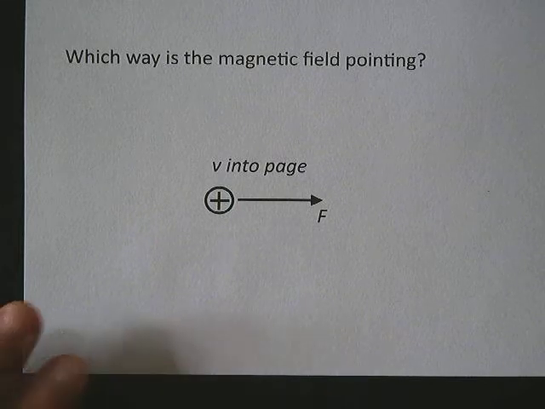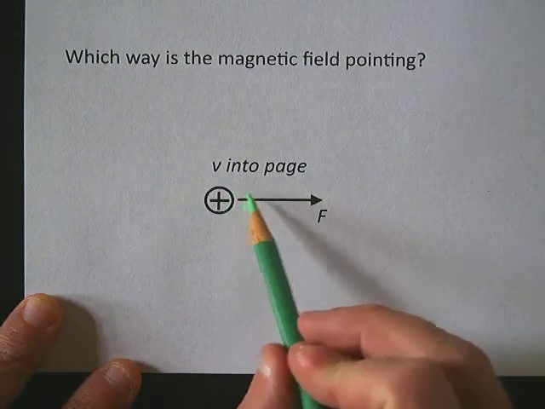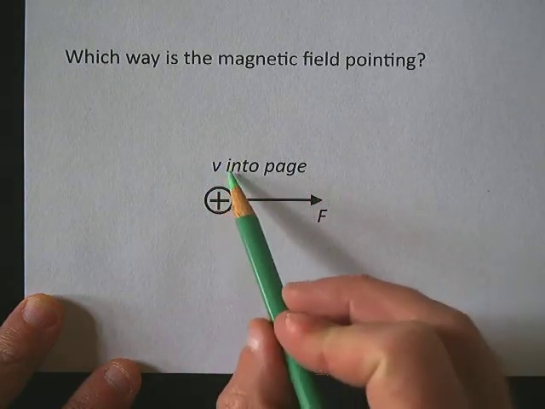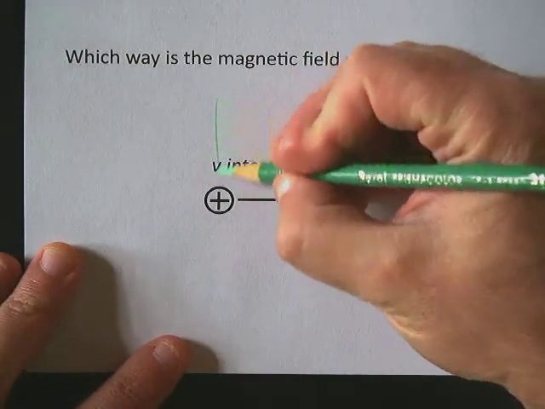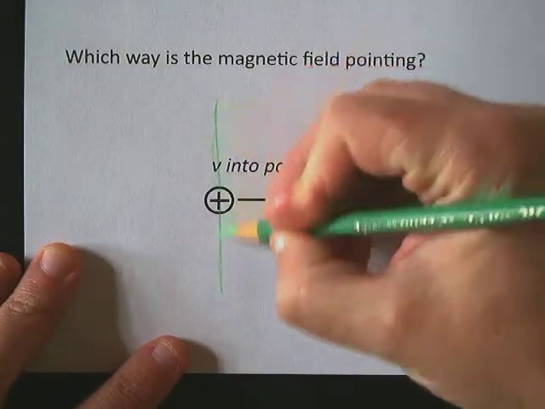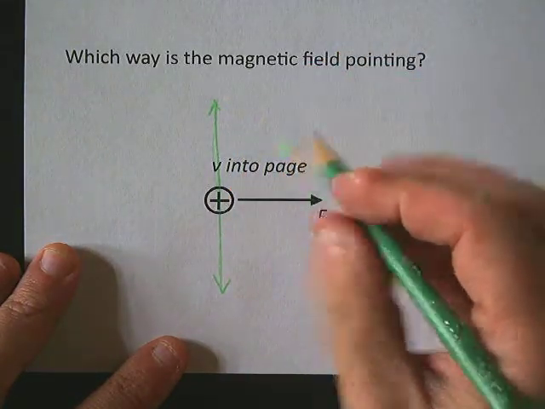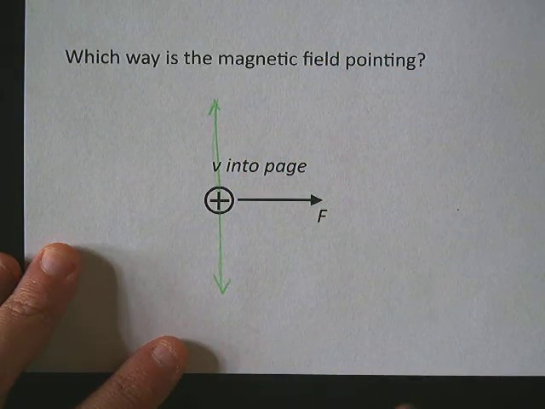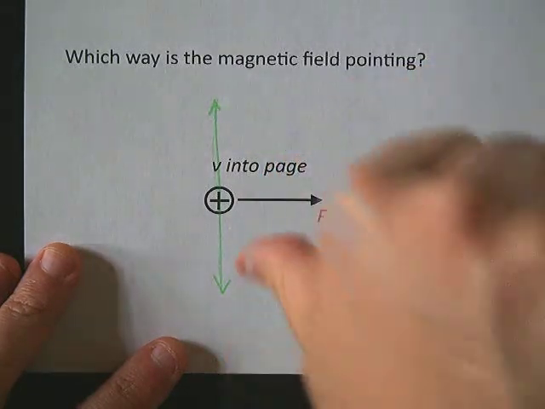One more version here. Okay, so which way is the magnetic field pointing? Once again, we can use this elimination process. Since the particle is being pushed this way and the velocity is into the page, that means that the correct magnetic field has to be along this line. It's either pointing down or up.